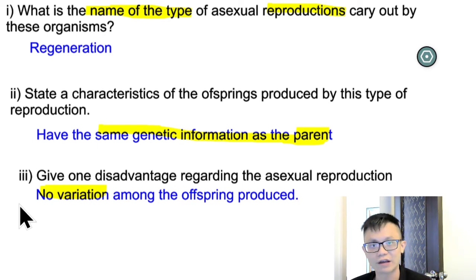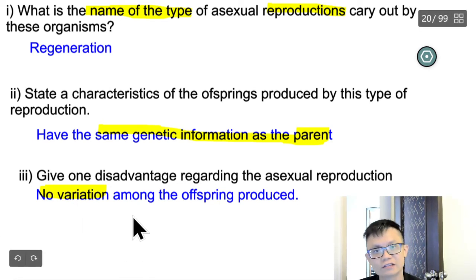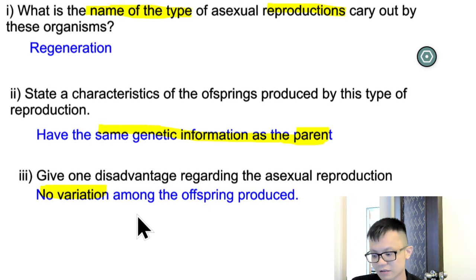When you have no variation, it means less resistance, and if one parent is infected with a disease, it will spread very fast. But if there is crossing over or crossover, there is always variation.